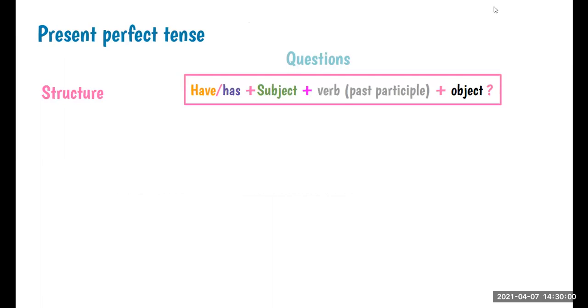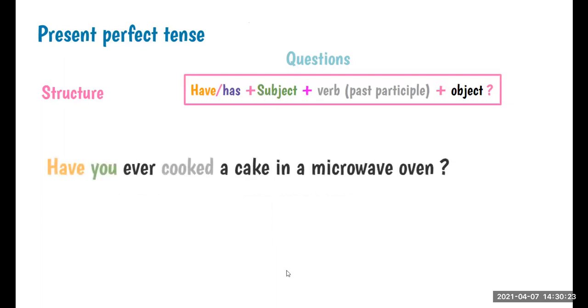Have or has according to your subject, the verb in the past participle, and the rest of the sentence. If you want to emphasize, si quieren hacer un énfasis en que si alguna vez en su vida han hecho esto, pueden añadir ever, ¿ok? Después del sujeto.